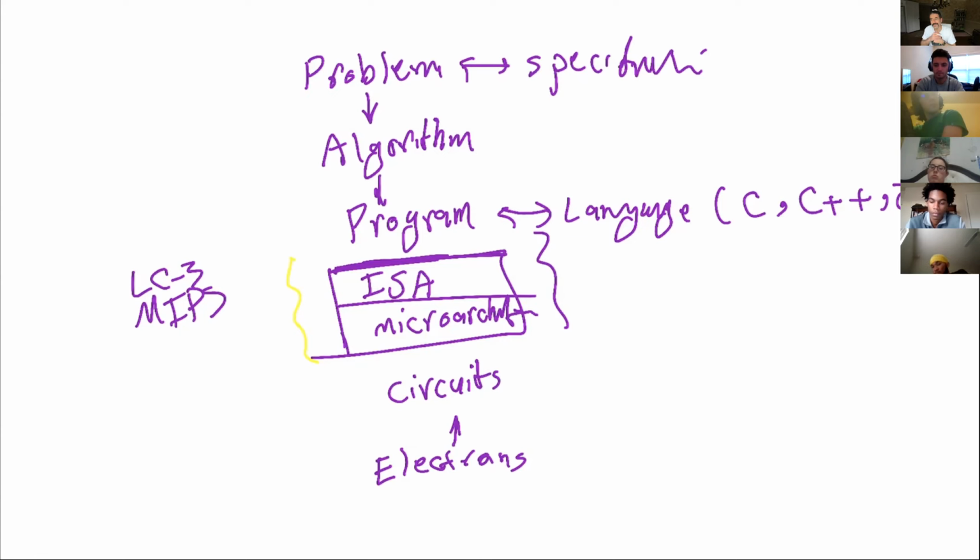But understanding the fundamentals of writing assembly programs, and also, in a later part of the course, understanding the fundamentals of building a microarchitecture implementing the ISA, is very important.